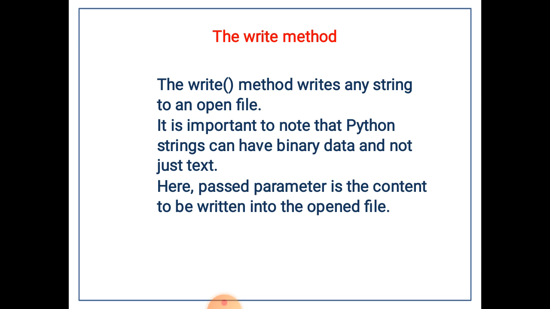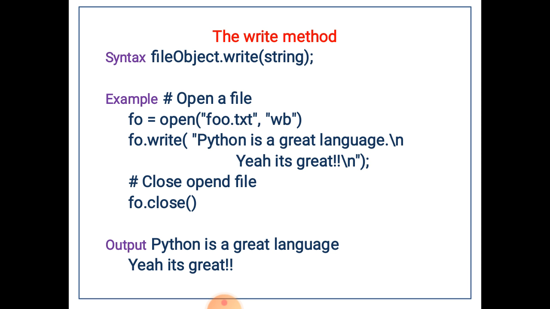So whatever we write, it writes in the file that has been opened. Let us see an example here for the write method. Syntax: file object dot write string. We have opened the file and fo.write("Python is a great language.\nYeah, it's great.")